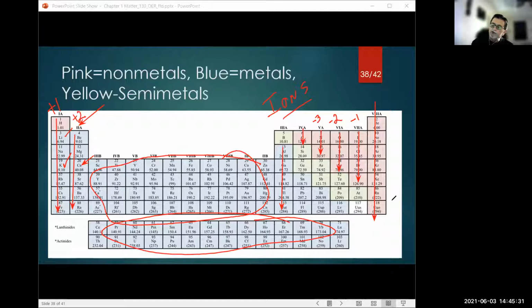Now, let me give you another trend that you can deduce and some information. Now, we don't have it here, but on the periodic table I have, you can number these 1, 2, 3, 4, 5, 6, and 7.